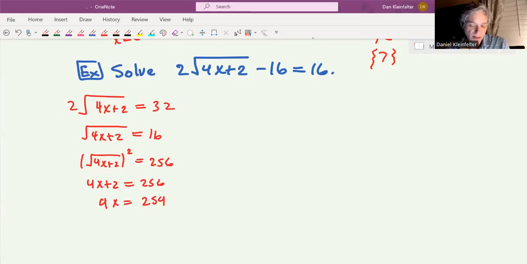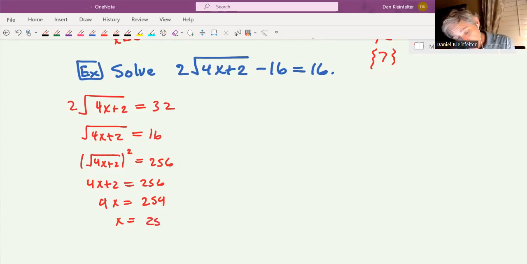And so this will be, I think, 127, but I will check. We're dividing 254 by 4. I think it's 157, but let's see. That was way off. So that's like 36 and change.